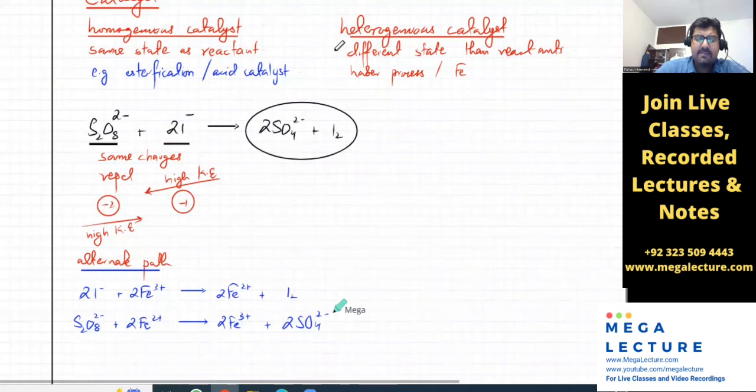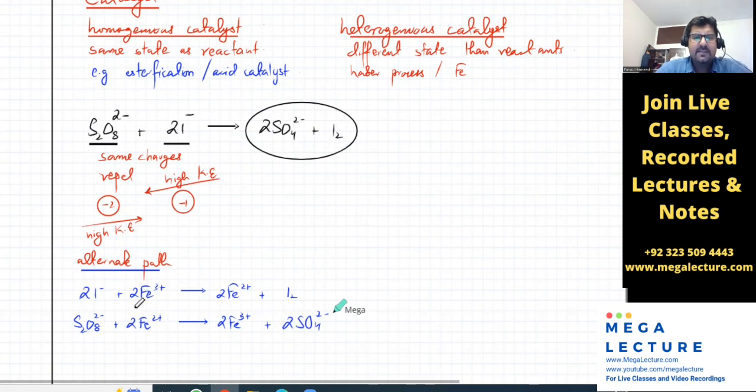I'll give an example of heterogeneous catalyst as well. You don't have to remember the equations. They might give you the equations and they might ask you how the Fe3 plus is acting as a catalyst here. It remains unchanged and it lowers the activation energy. The two ions were negatively charged and it created an alternate path, which reduces activation energy because now they are oppositely charged ions.